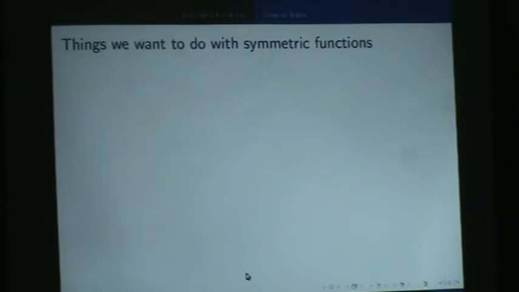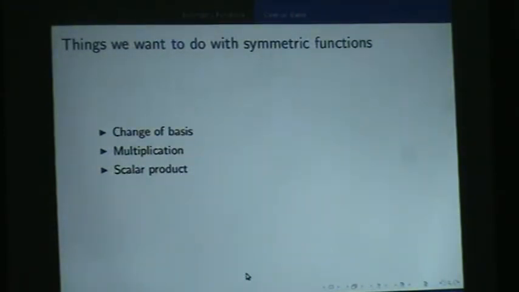Things one would often want to do with symmetric functions are perform change of bases between, say, the Schur and the power sum, or any of them. Perform multiplication. For all the multiplicative bases, the multiplication is really easy, but it's a bit more involved for, say, the Schur functions, and there's some nice combinatorics underlying that multiplication.